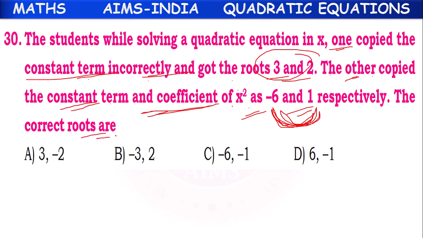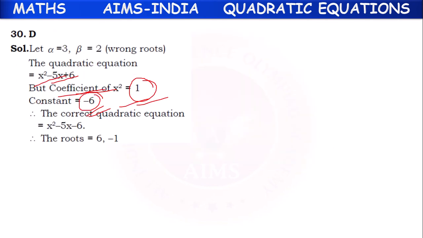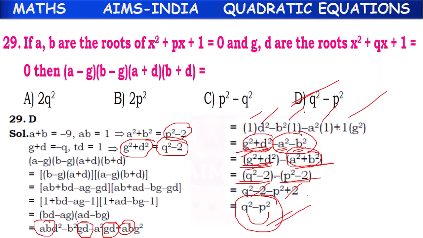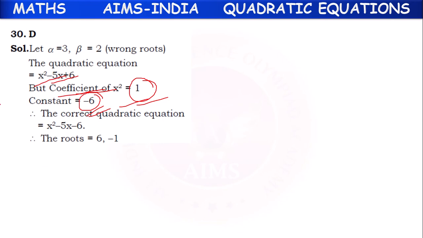The correct roots are... constant term minus 6, coefficient of x square 1. So here, because it is wrong, we got plus 6.